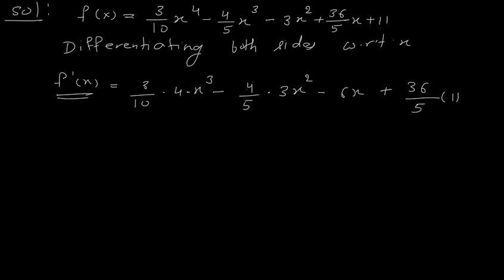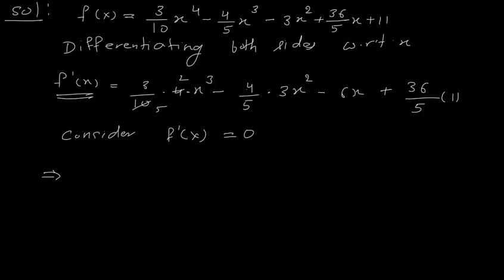Now in the next step, what we have to do? We have to consider f dash x equal to 0. So f dash x equal to 0 will give me, now this I can cancel with 2. 2 5s are 10 and 2 2s are 4.